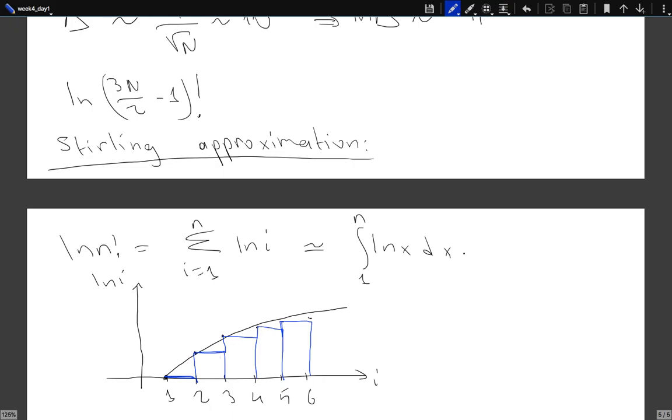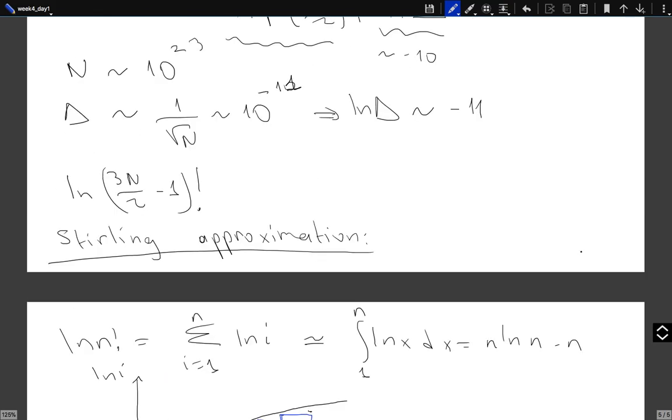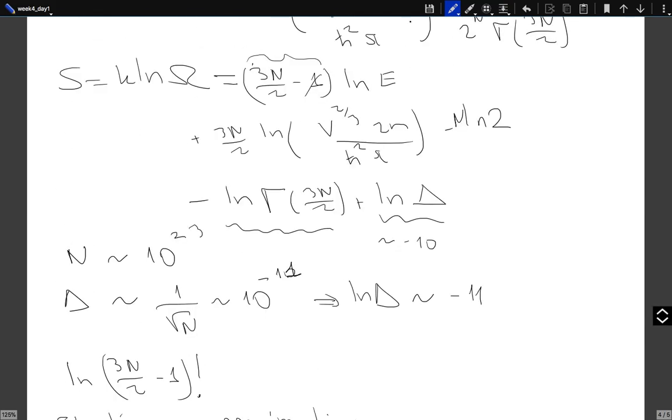And if we evaluate the integral, it is just n logarithm of n minus n. Again, I'm just ignoring some factor of 1 because I know that n is a huge number. So now we have everything.